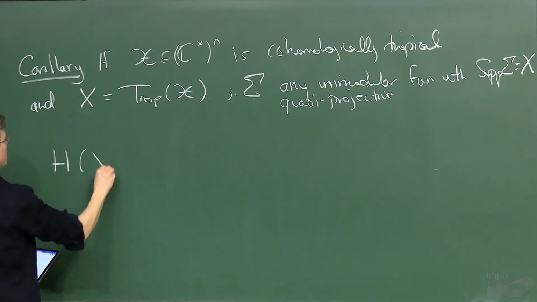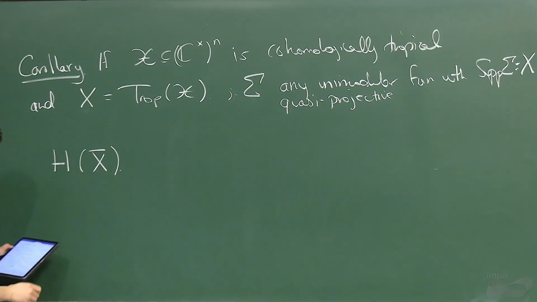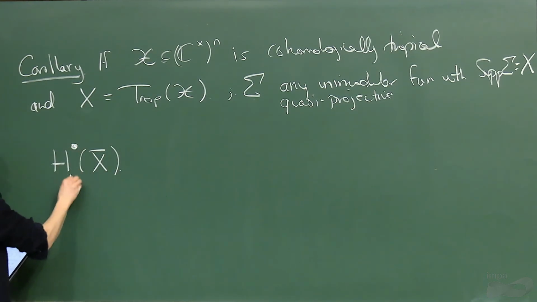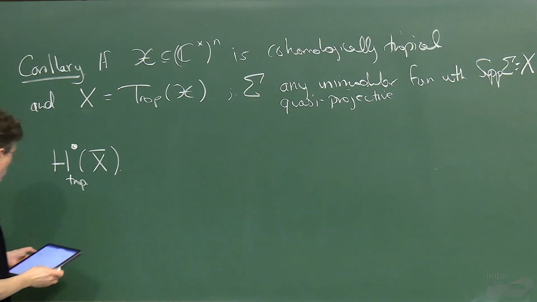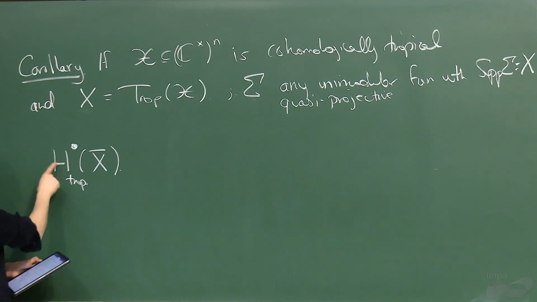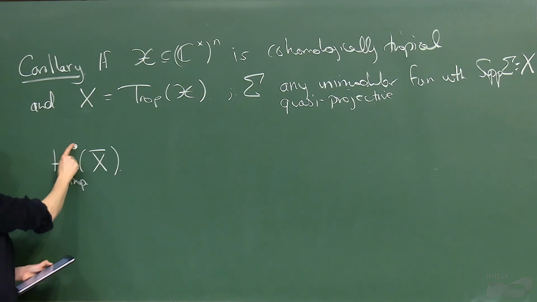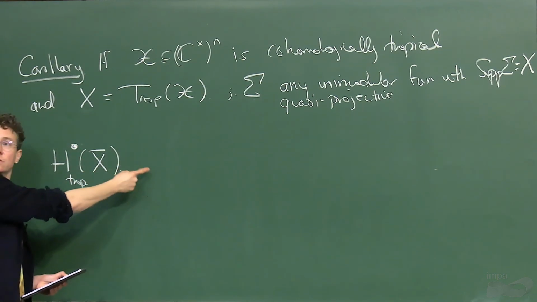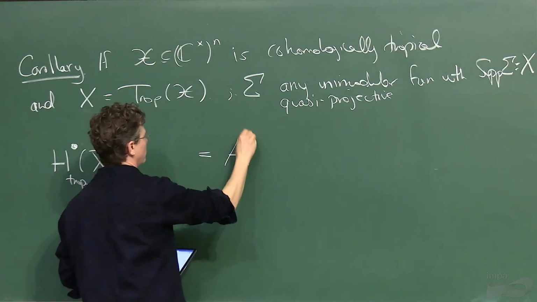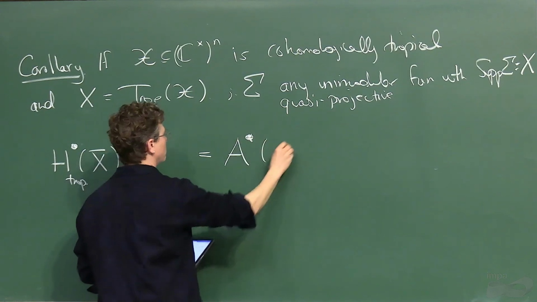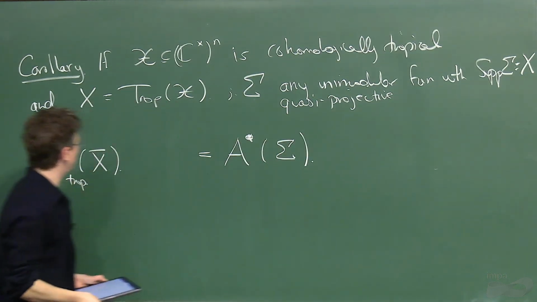And we saw also, in certain cases or in every case, that H^{p,p} of this compactification was the Chow ring A^p of the fan Sigma.